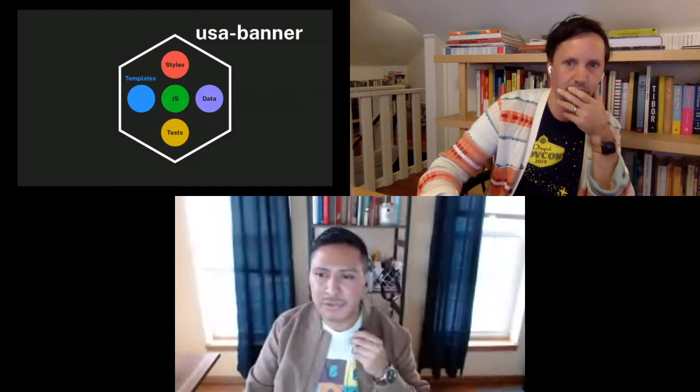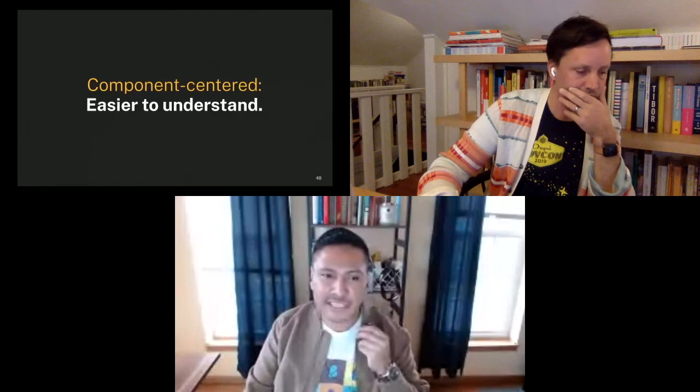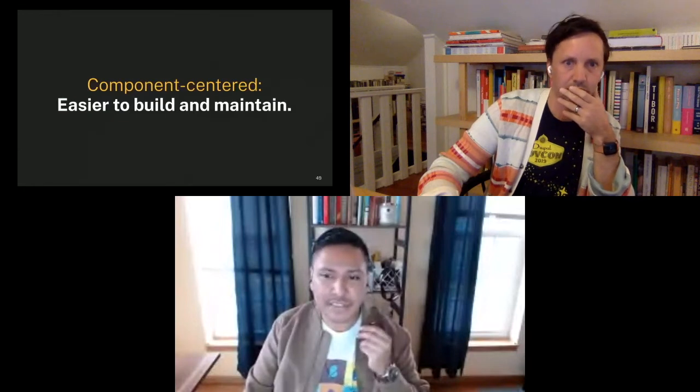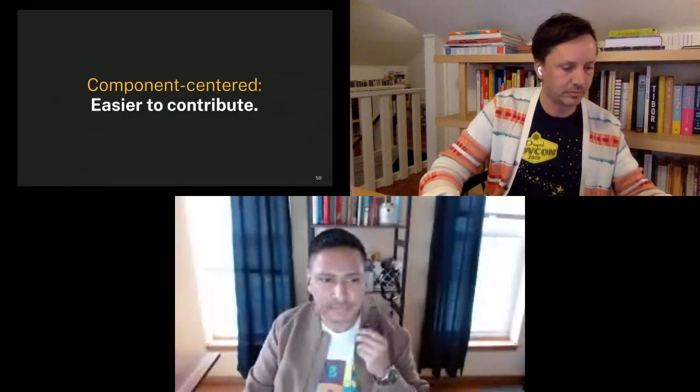And the same for other components, like the identifier or the button. And if we ever want to create a new component, it's easier to scaffold as well. It's more consistent and repeatable. Component-centered architecture makes our codebase easier to understand, easier to build and maintain, and easier to contribute as well.